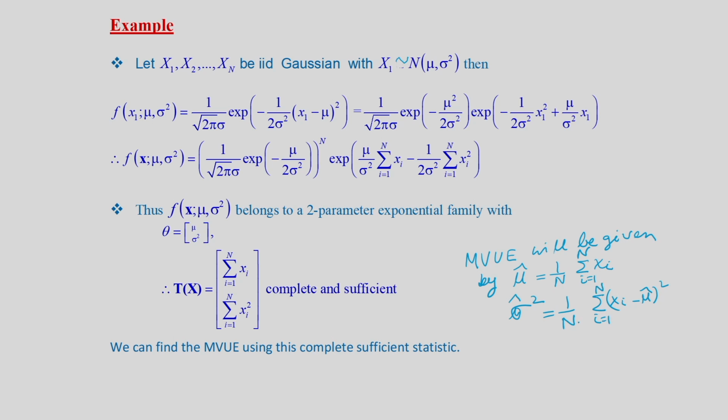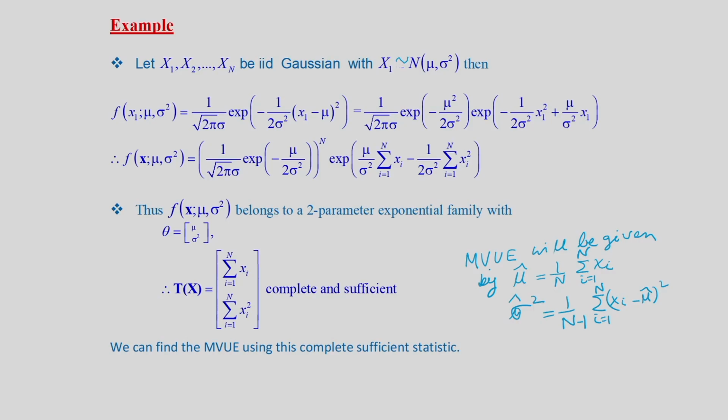This is not n, this is n minus 1. Then this estimator will be unbiased, and this is the MVUE for sigma hat square. So, that way we see that for exponential family of distribution we can find out the MVUE from the expression for the joint PDF itself.